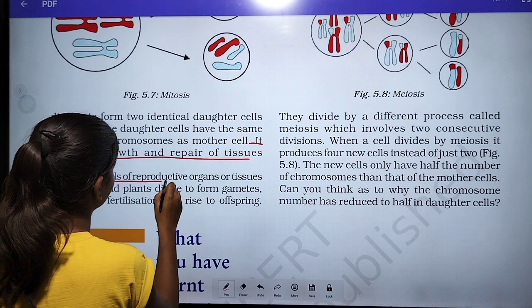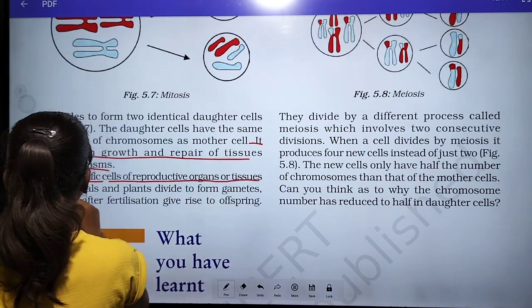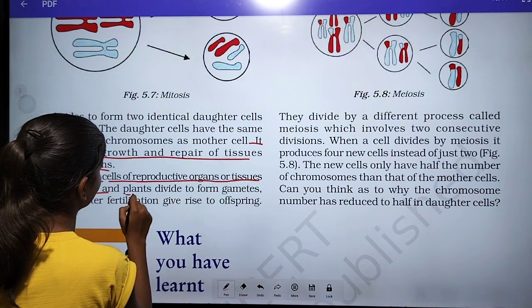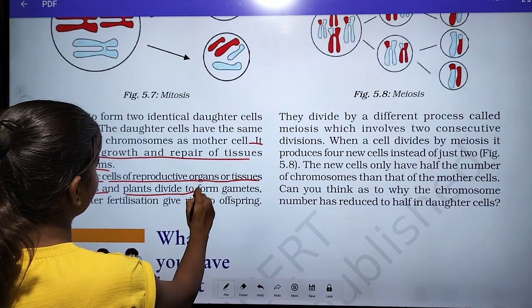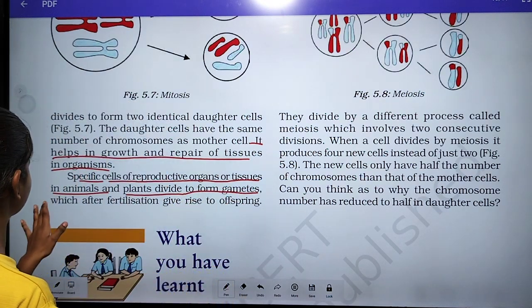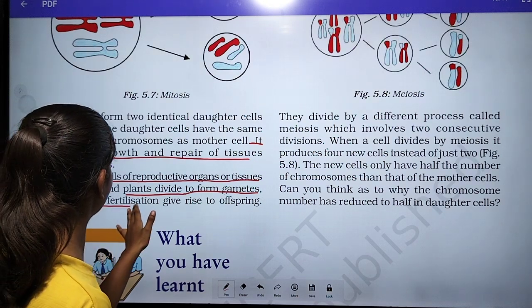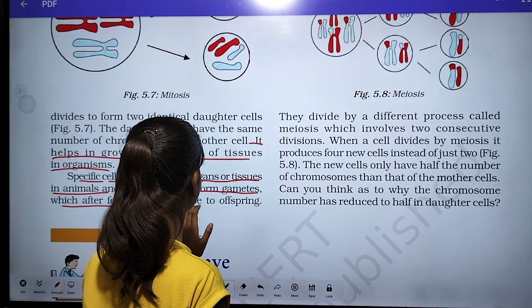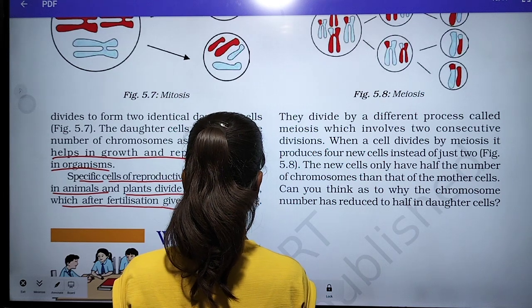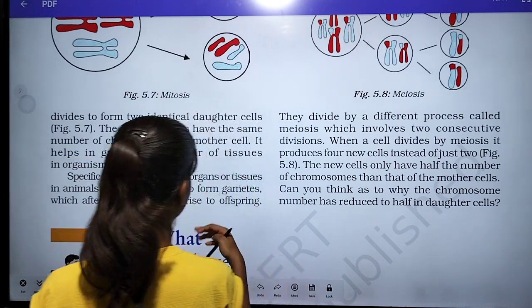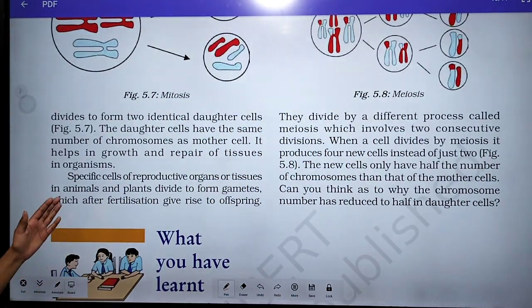A specific cell of a reproductive organ or tissue in animals and plants divides to form gametes, which after fertilization give rise to offspring.